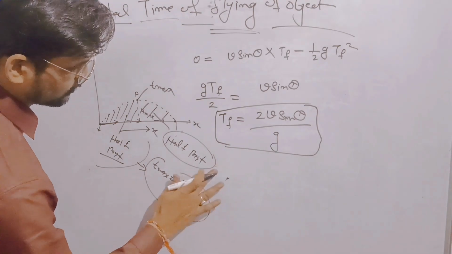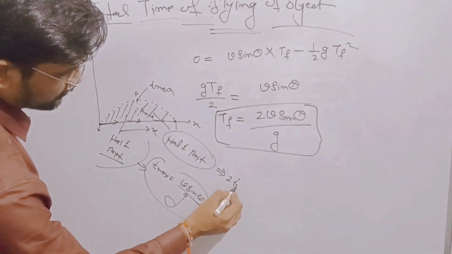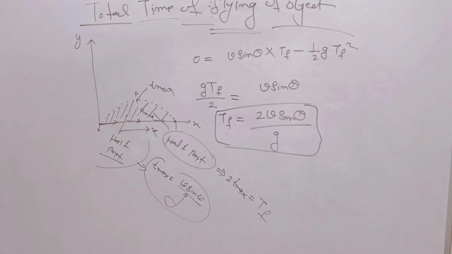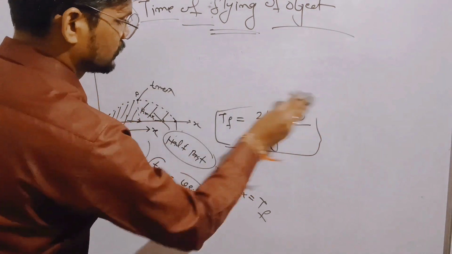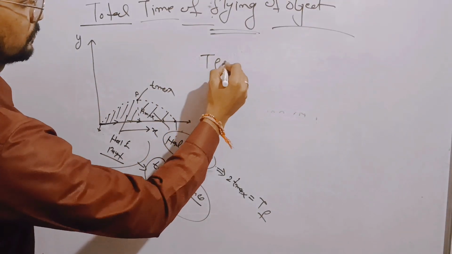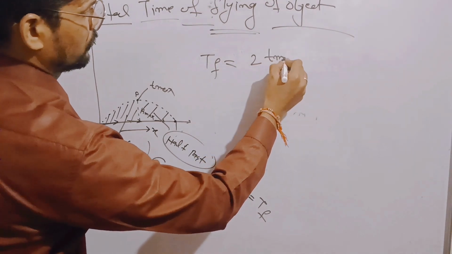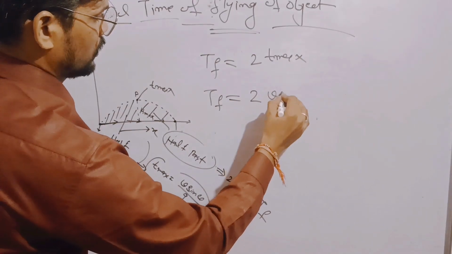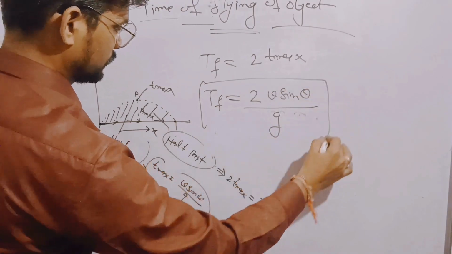This is TF. TF is equal to 2 T maximum, the total time of flying, so TF is equal to 2v sin theta upon g.